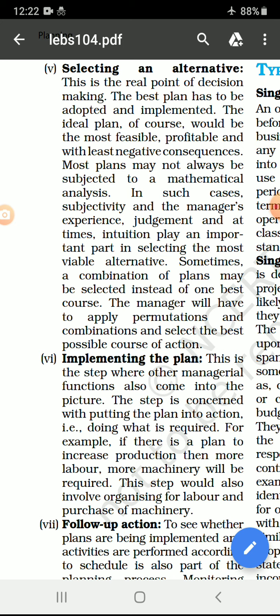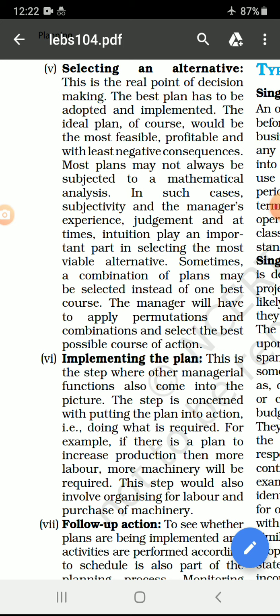Before implementing the plan, they should check whether there is adequate labor and adequate machinery for production. If not, they are supposed to purchase the machinery or take in more labor. Likewise the plan will be implemented, and the necessary materials needed for implementing the plan will be made available.